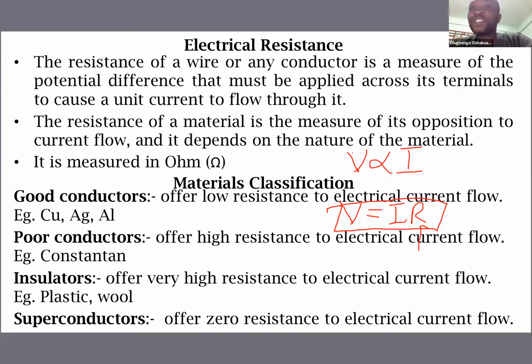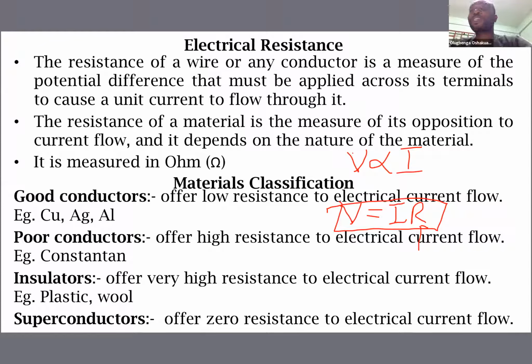So materials with very low resistance are good conductors, while materials with very high resistance are not conductors, they are insulators. Materials whose properties are in between are called semiconductors, or we can also say poor conductors.